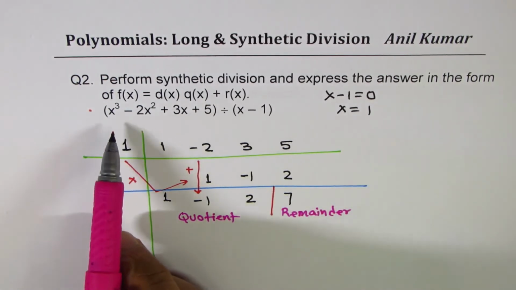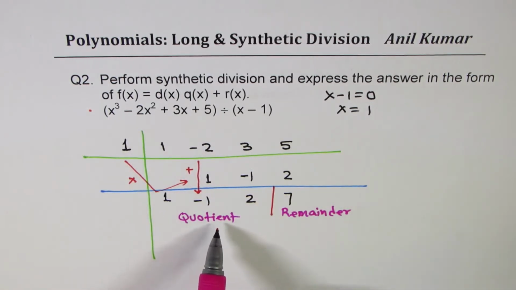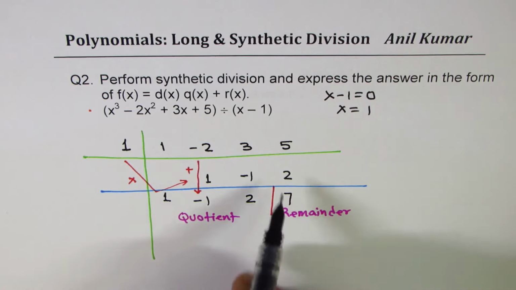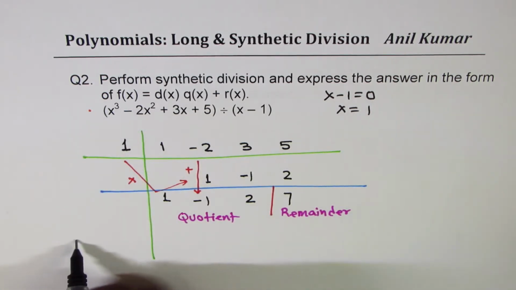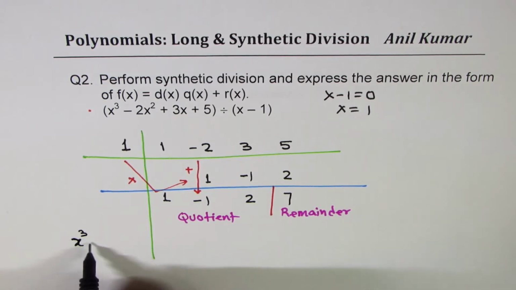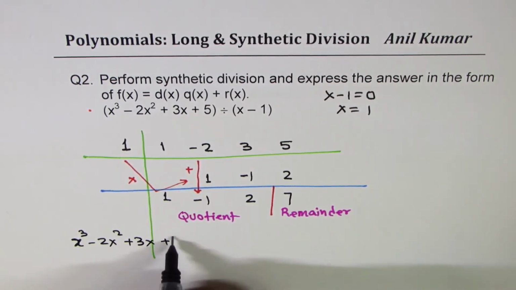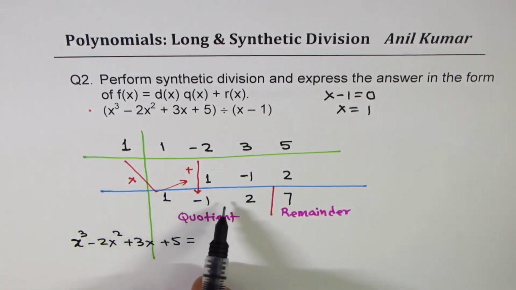Now, since we are dividing cubic with a linear, quotient should be quadratic, right? So degree is 2. So we'll write the quotient as, in this case, let's write this statement as such. So the function itself could be written as x cubed minus 2x squared plus 3x plus 5 equals, quotient is quadratic, and these are the coefficients, right?